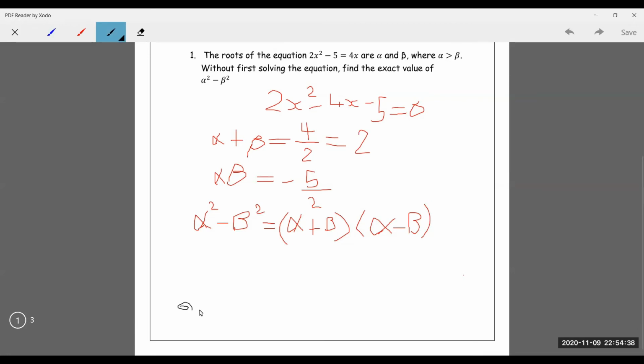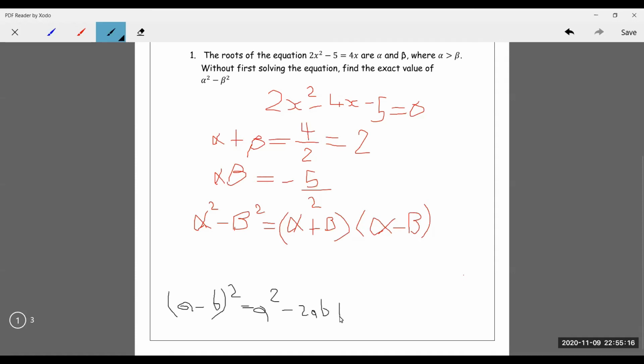If I have alpha minus beta all squared, I know that it is going to be alpha squared minus 2 alpha beta plus beta squared.